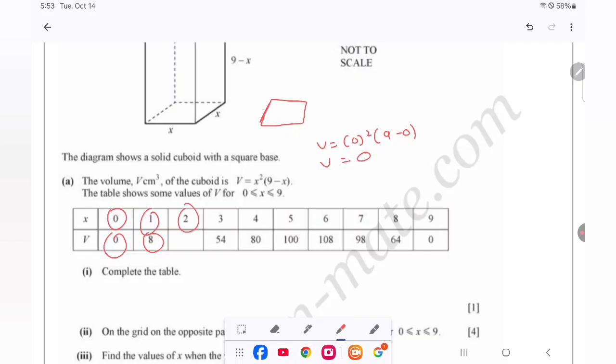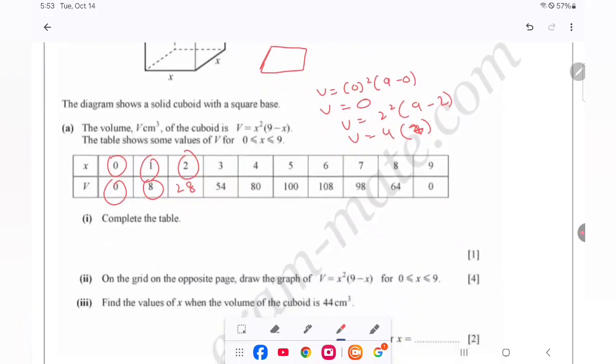Now for 2, put 2 squared times 9 minus 2. We are putting the values of x. This 4, 9 minus 2 is 7. So 7 into 4 is 28. This is our complete table.